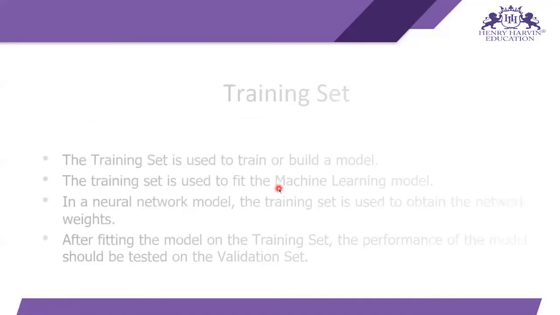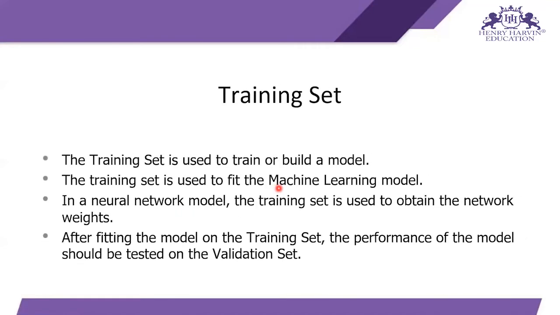Let's get deeper into the training set. The training set is used to train and build a model. As I already said, when you are going to build a model, you make a model architecture and want to train that model, then you have to give it some data set. The training set is the data set from which you are going to train your model, and it is used to fit the machine learning model.